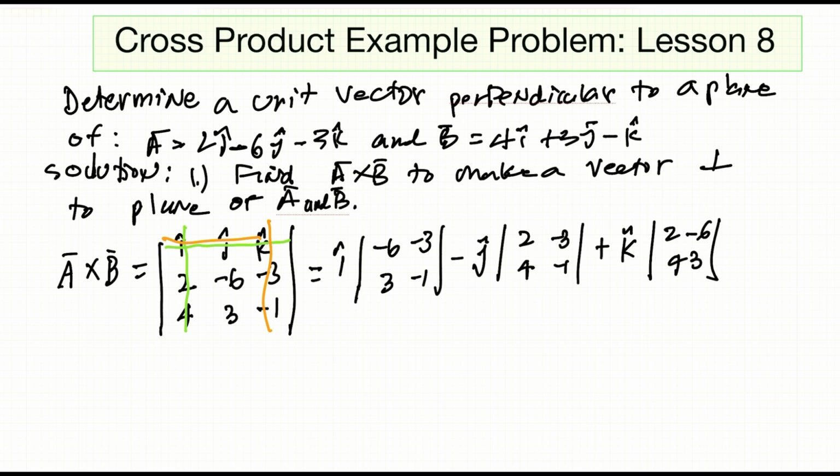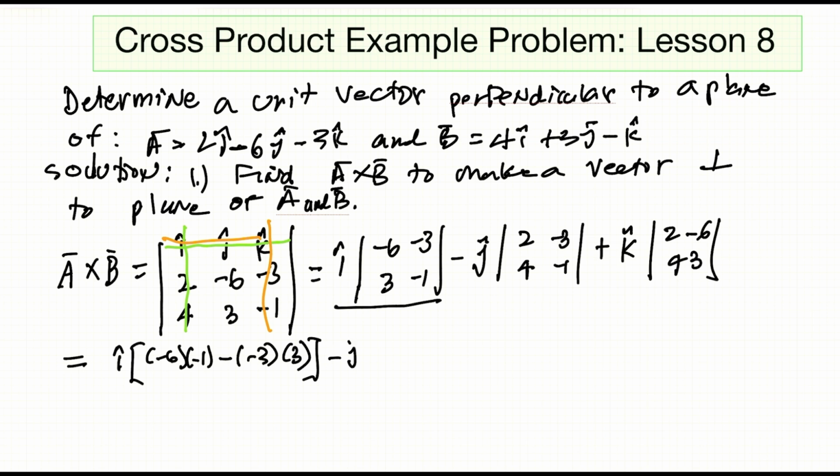So now let's expand that out. So we got i. Now I'm expanding and working on this one right here. And so that's minus 6 times minus 1 minus a minus 3 times 3. That's associated with the i unit vector. Now, let's see what we've got here.